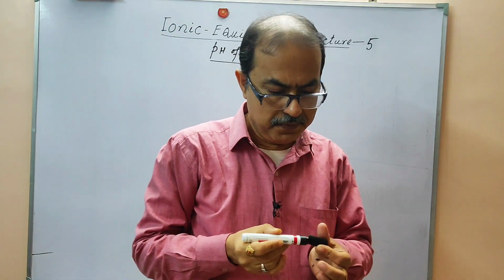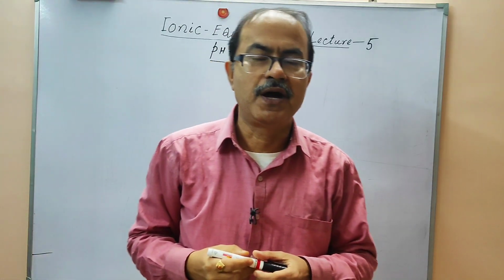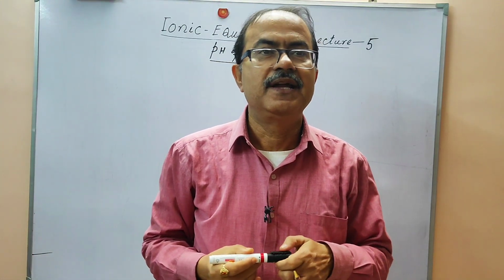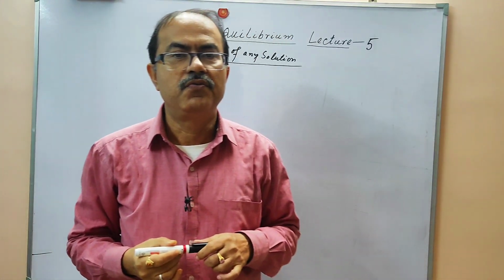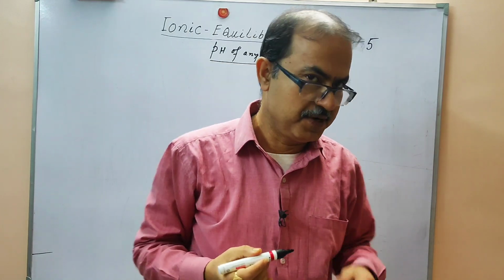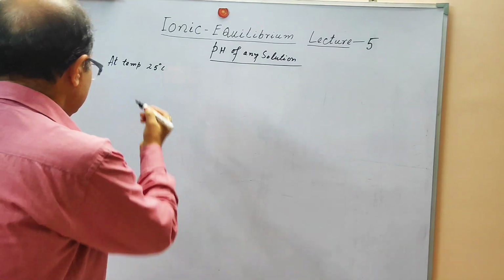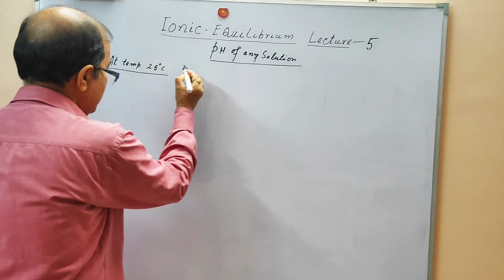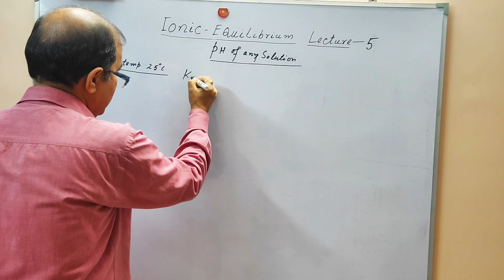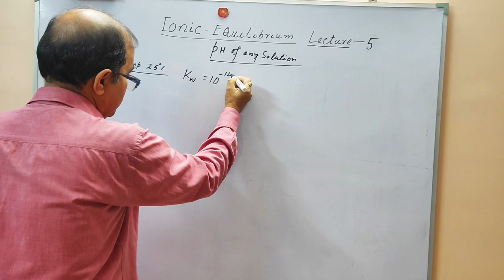We know Kw, that is the ionic product of water, is fixed for any solution at a particular temperature. Suppose we are taking that. So at this temperature, what we find is the Kw ionic product is 10 to the power minus 14.